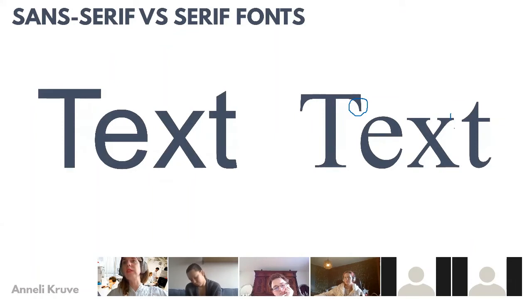You can see this here, and you can also see this outreaching part here, this thing over here. So all the small details in each of the letters, these are called serifs, and they generally make text harder to read.